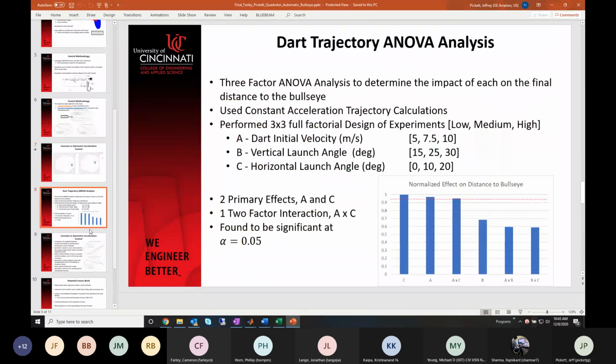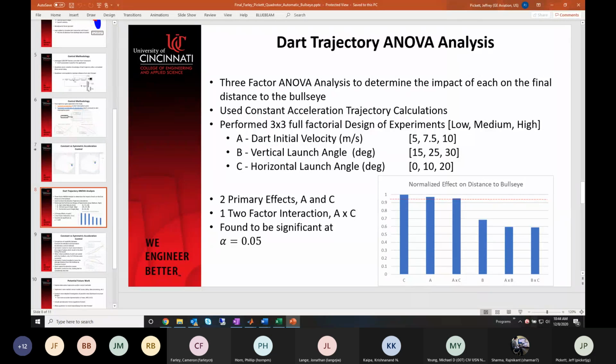So I did some statistical analysis on what we were actually sensitive to as far as the 3 initial starting parameters and their effect on the distance, how far away from the bullseye we actually landed. So I performed a 3-factor, 3-level, full factorial ANOVA analysis on the constant acceleration control method, changing initial velocity, launch angle, and horizontal launch angle at those specified low, medium, and high values.